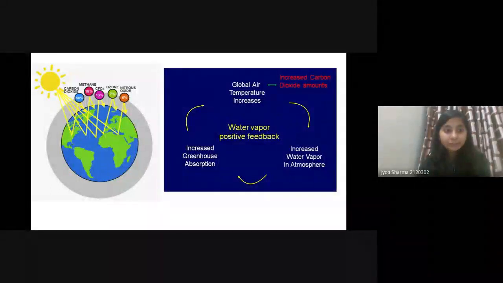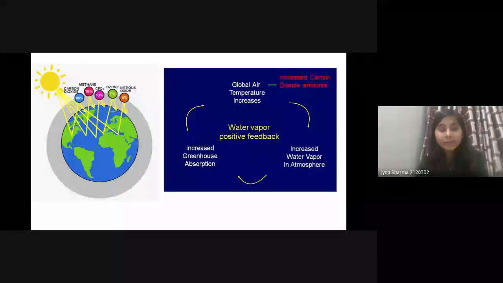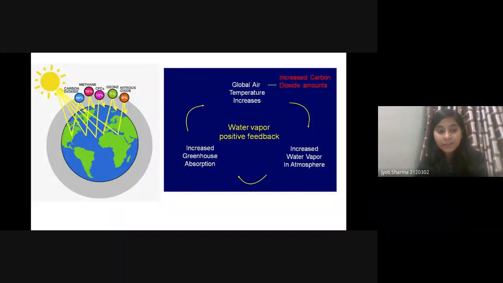If you see here, whenever the rays are given by the sun to the surface, they will be reflected back, and will be absorbed by gases like carbon dioxide, methane, CFCs, ozone. Here ozone is the one present in the troposphere, not in the stratosphere.